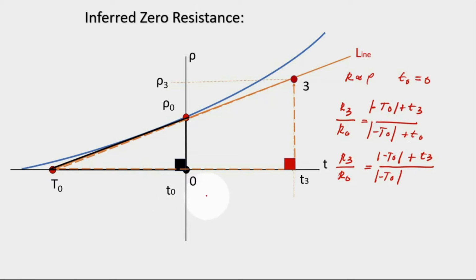Now, we already know that in having two conditions, we are using this formula: R sub 2 is equal to R sub 1 times the quantity 1 plus alpha 1 times T sub 2 minus T sub 1. This is the temperature at conditions 1 and 2.